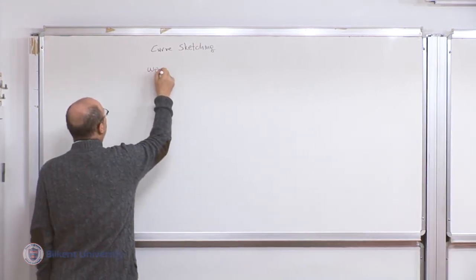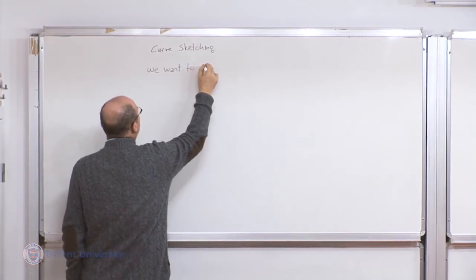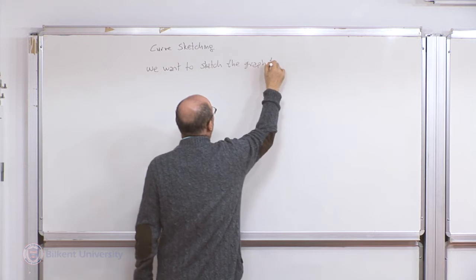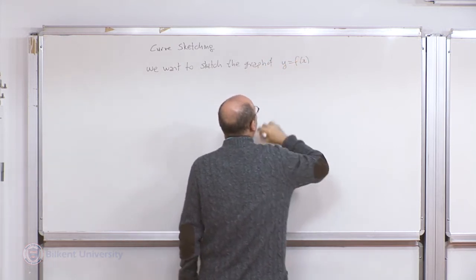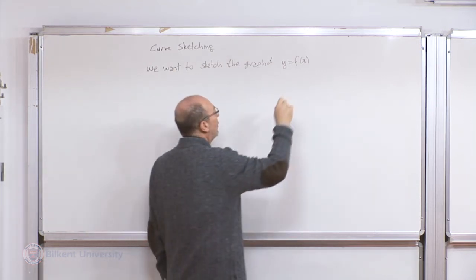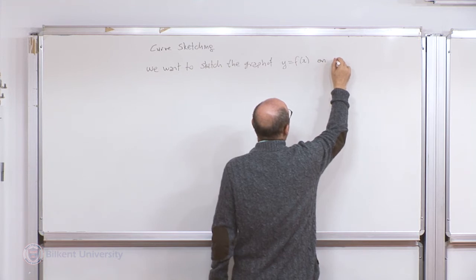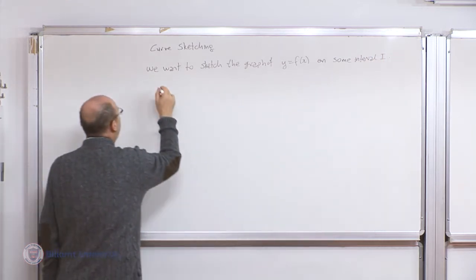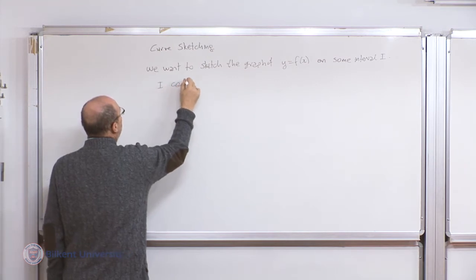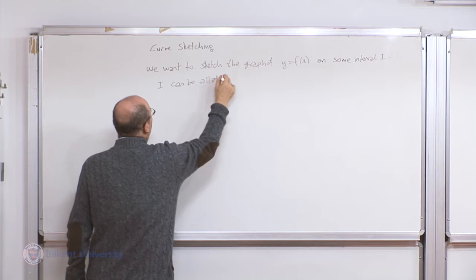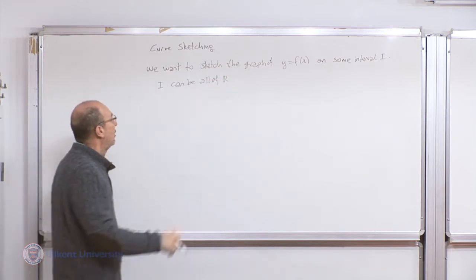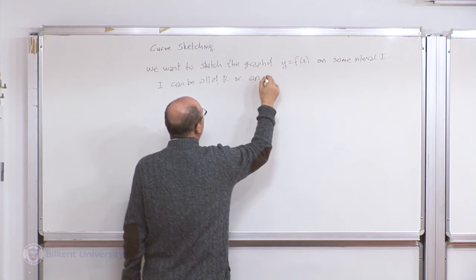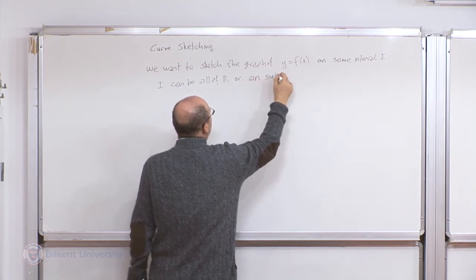Okay, so we want to sketch the graph of, say, y equals f of x, on some interval I. It can be all of R, which is in general the most interesting case, or an interval, or subinterval.